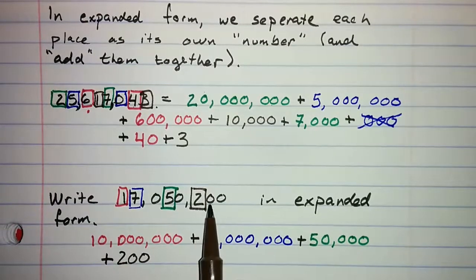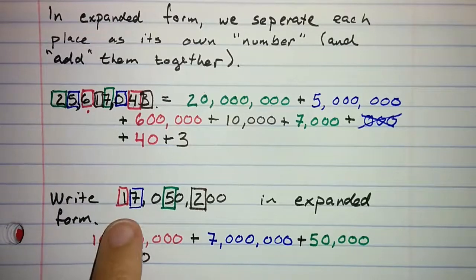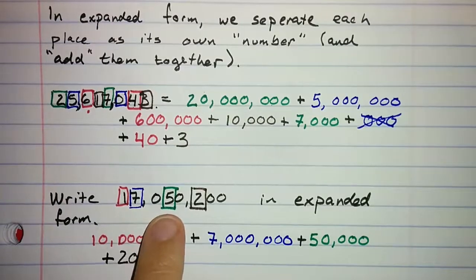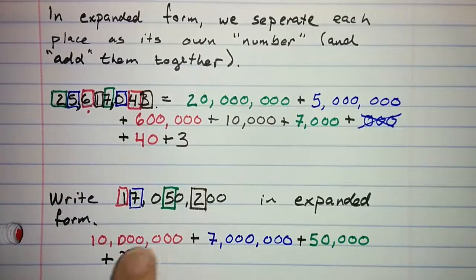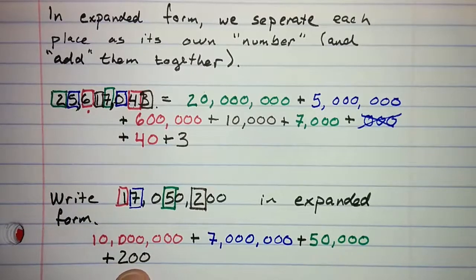And then we have a 0 in the tens place and a 0 in the ones place. We don't have to do anything with either of those, so we're finished. 17,050,200 is 1 10 million plus 7 millions plus 5 10,000s plus 2 hundreds. And this is the expanded form.